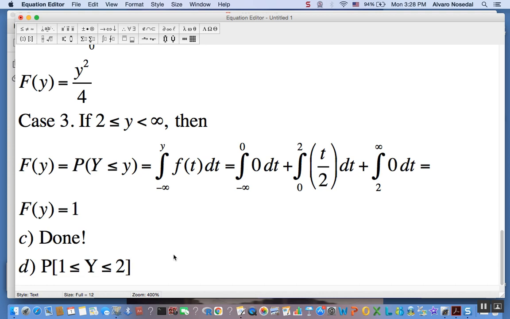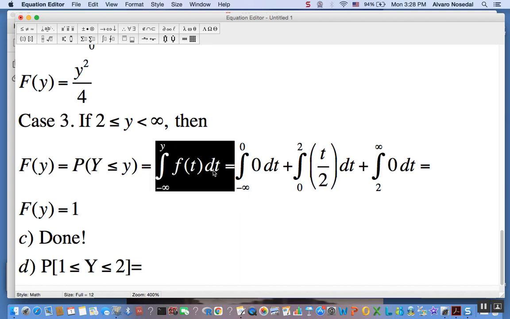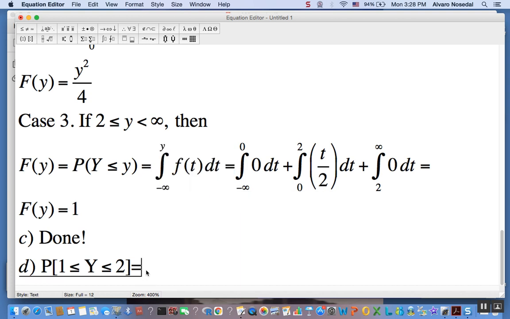Now, in this case, one way of finding it would be the integral from 1 to 2 of the PDF. You can try and do that and check that you will end up with the same answer that I'm going to show you using a different approach.